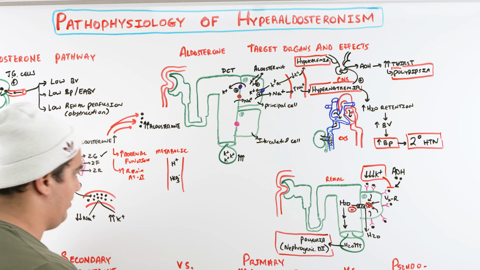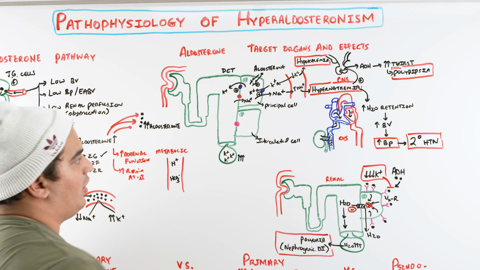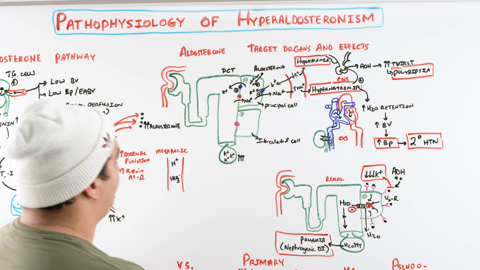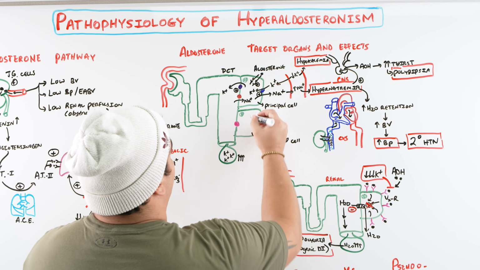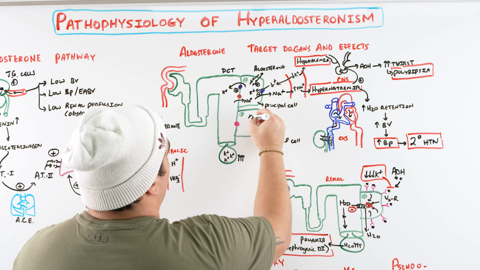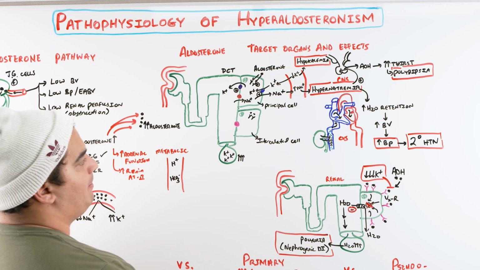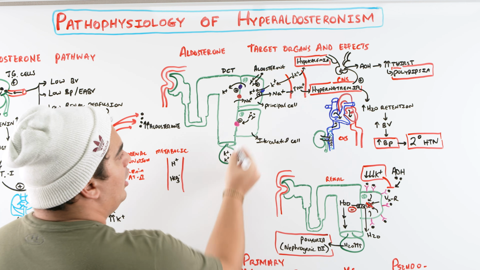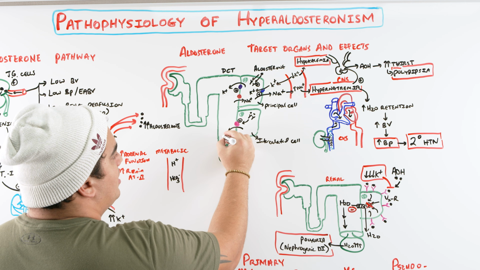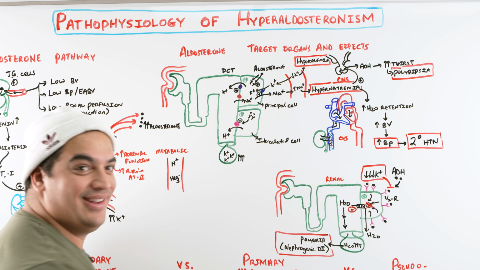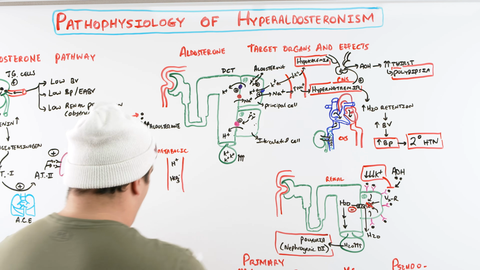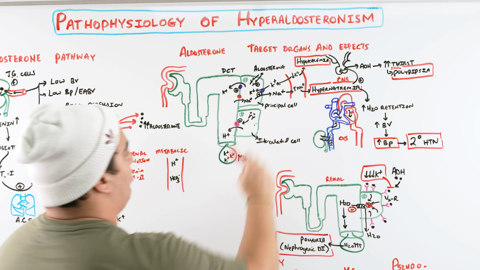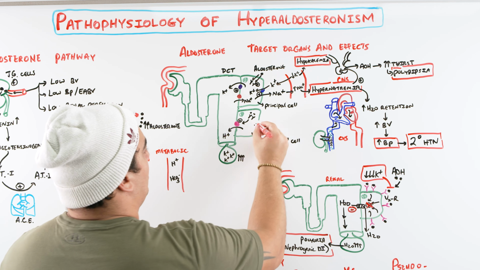Another interesting concept here is these intercalated cells. Aldosterone, again, has receptors in the intercalated cells. When aldosterone binds onto these receptors, it stimulates these pumps. This is another pump. You know what this is supposed to do? It's supposed to push potassium out and then reabsorb. I've got to put another channel here. Bad boy, Zachary, you need another channel.